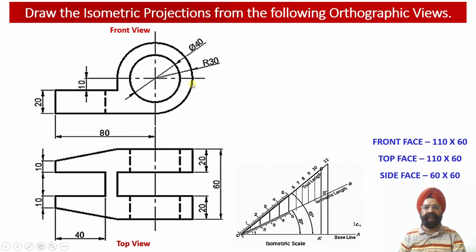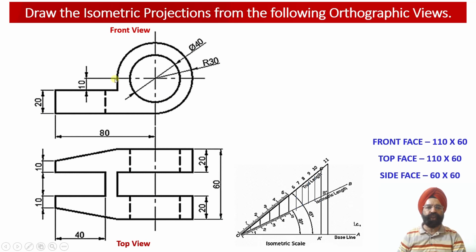So the total length of the solid will be equal to this radius of 30 millimeter plus this linear portion of 80 millimeter. Regarding the height of the solid, we observe that the height of this horizontal web of the solid is equal to 20 millimeter.